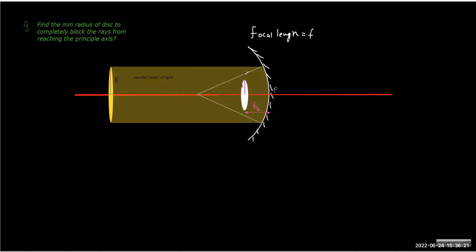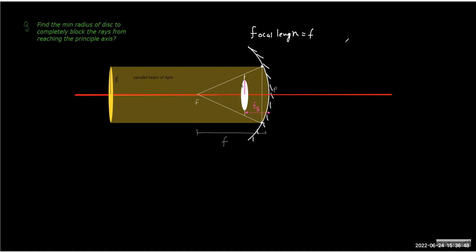So we must make sure that the disk is up to here, correct? Then only it can block everything. And if it is meeting here, so this must be equal to F. So we are only supposed to find the similar triangle, and it's done.